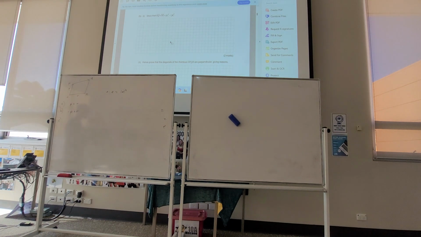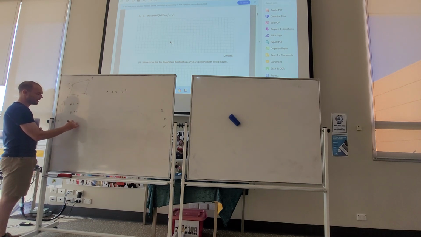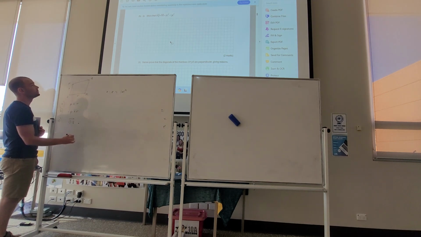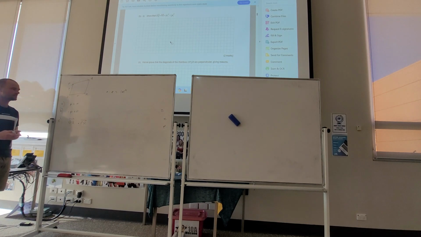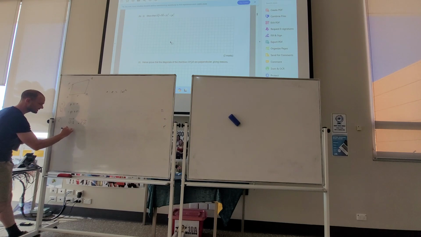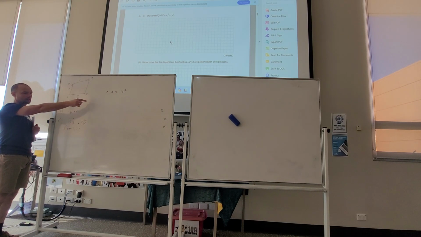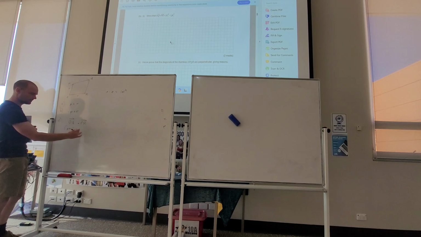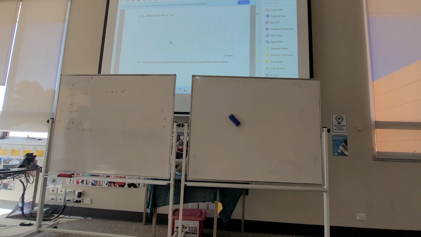We're asked to evaluate vector OQ dot vector PR, the dot product of those two vectors. We've already found vector OQ, that's P plus R. And we've found vector PR, that's going to be minus P plus R.